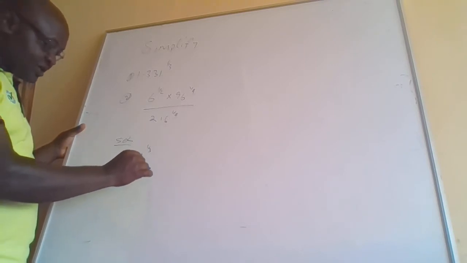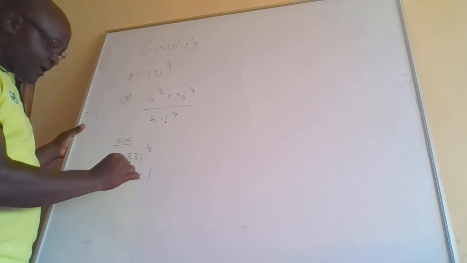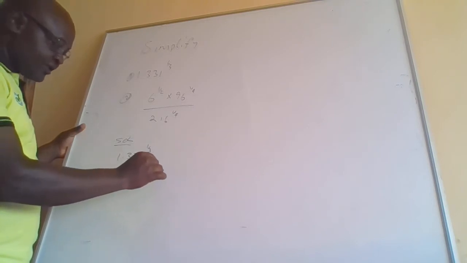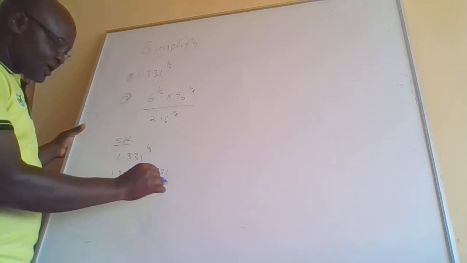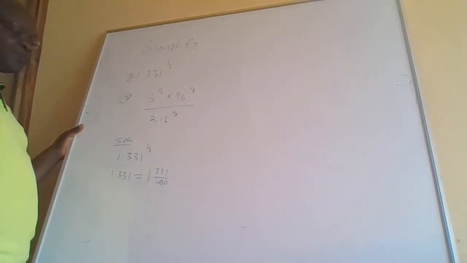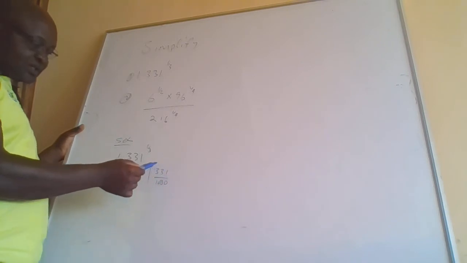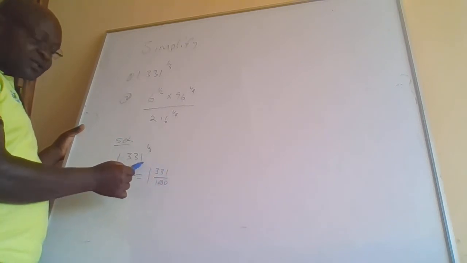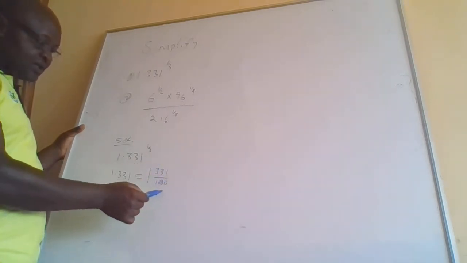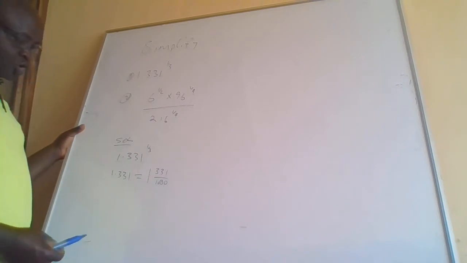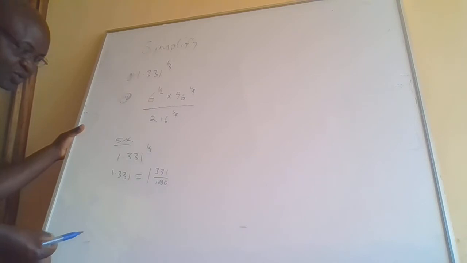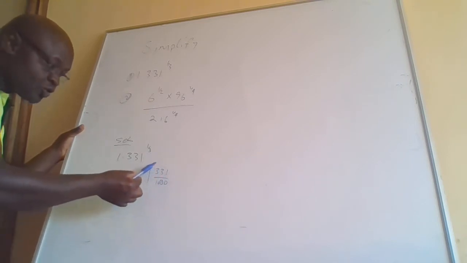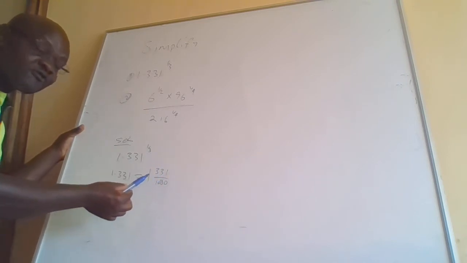This is the same as 1 and 331 over 1,000. So this is in a decimal place, but this one is in a mixed fraction. Once we express it as a mixed fraction, where we have the whole number, we can now change this into an improper fraction.